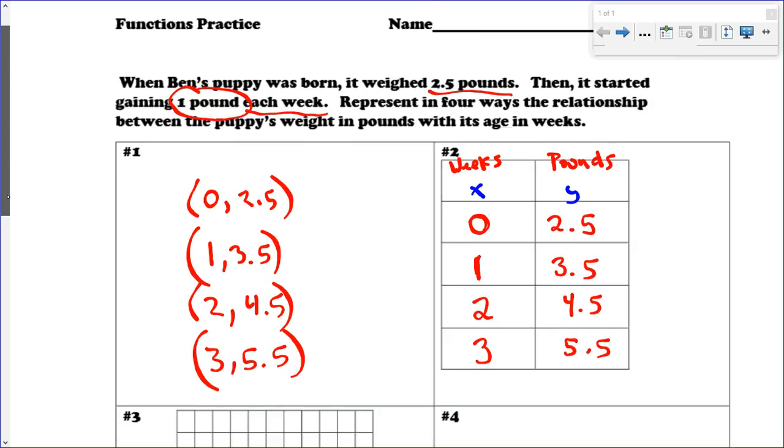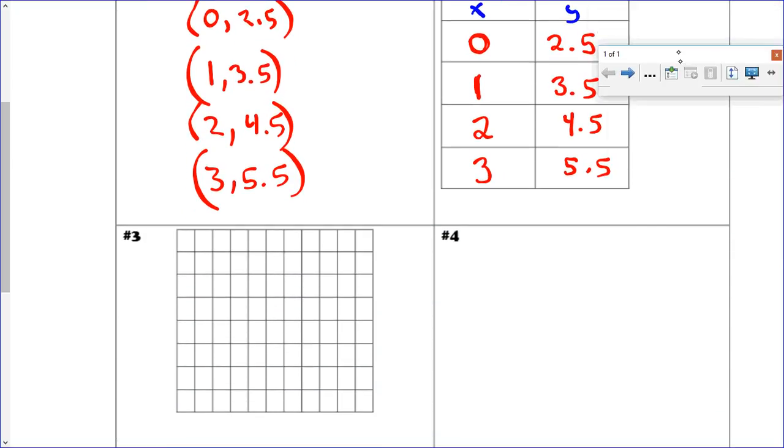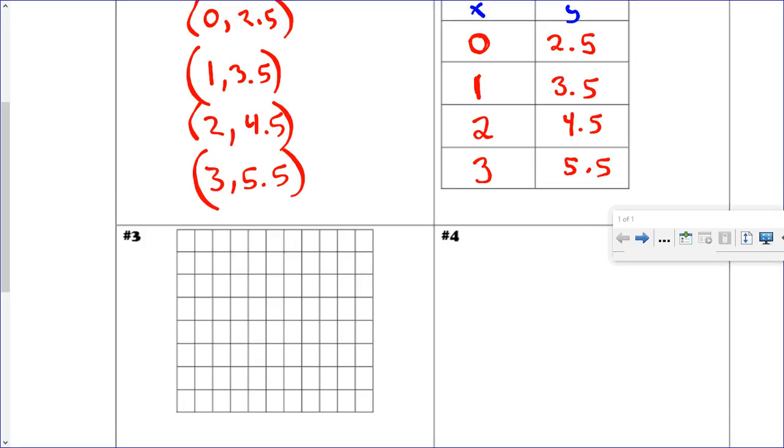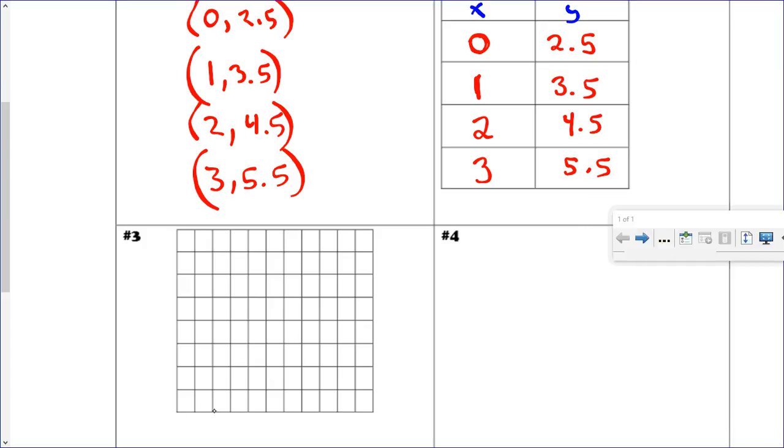So I'll scroll on down. And the interesting thing about ordered pairs is usually you want to put them onto the graph. So if we're going to put them onto the graph, then we have to understand what our labels should be. I guess I'll do this here.